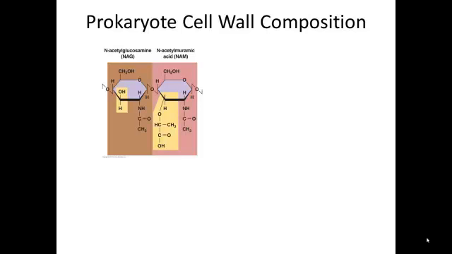The glycan comes from sugar and the peptido from protein, so it's a sugar-protein composite. Now this diagram here is the sugar portion. We have modified glucoses that are hooked together, and they compose the sugar part of the peptidoglycan.